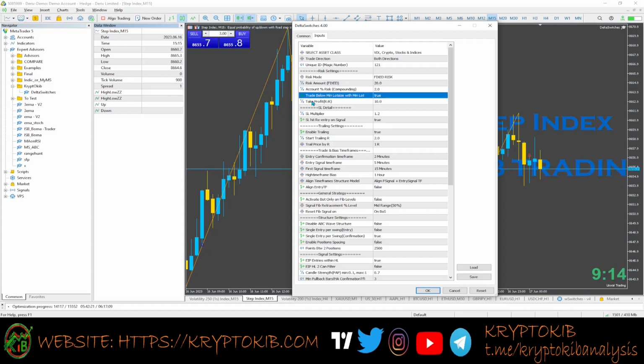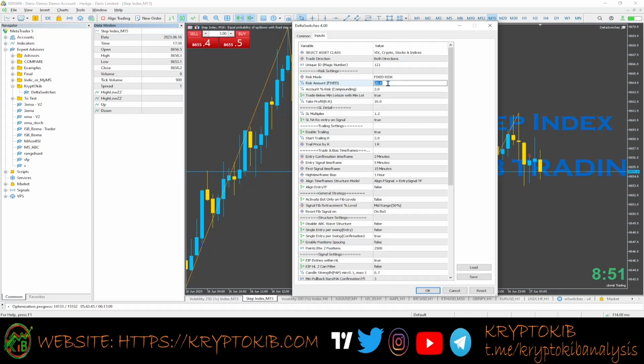Here, trade below minimum lot size with minimum lot size. Volatility indices, or let me say synthetic indices, have a minimum lot size, which in some assets means the amount you may choose to risk may not be able to open a position size above the allowed minimum lot size.